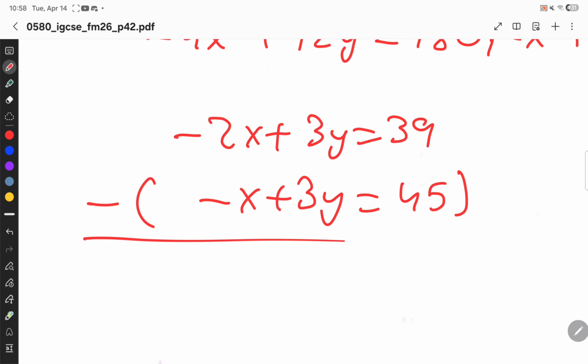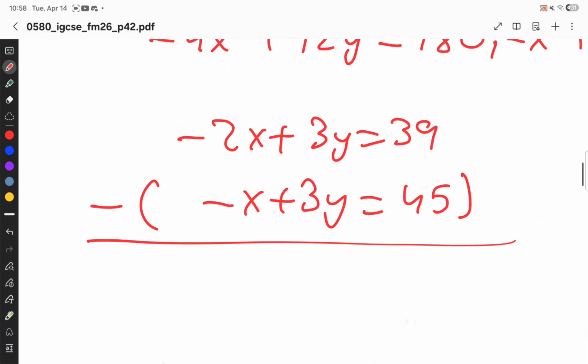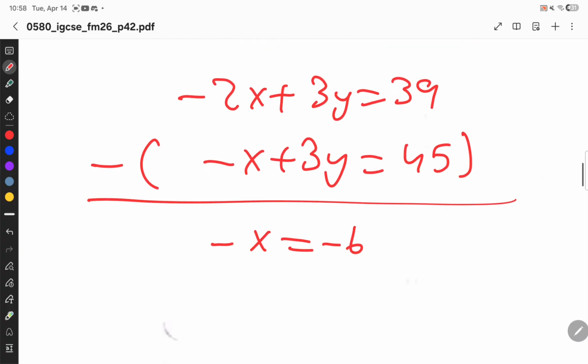If we just subtract, yes, this is very unnatural for me, just subtracting directly. I might just flip the sign beforehand, but come on. So this is negative 2 minus negative 1, it is negative 1, and this is 3 minus 3 is equal to 0. So negative x is equal to 39 minus 45, which is negative 6, and here we get x is equal to 6.